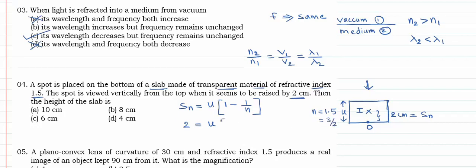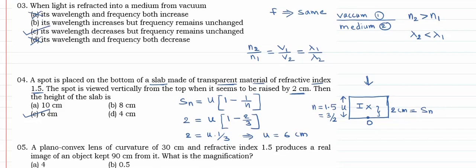So 1 minus 1 by n is 1 minus 2 by 3. If you simplify, 2 is equal to U into 1 by 3. Cross multiply, you will get U is equal to 6 centimeters. So option C is the answer.